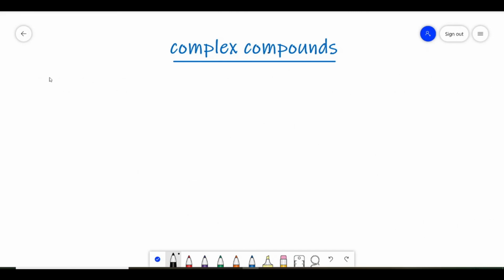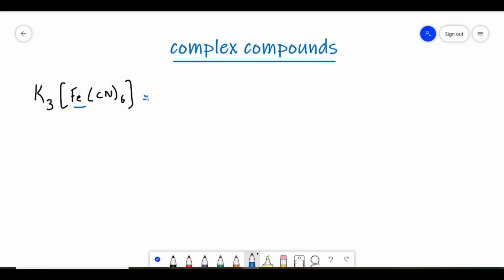After ligands, let us see how to calculate the oxidation number of a complex. Suppose a complex is given, K3[Fe(CN)6], and we want to calculate the oxidation state of iron.